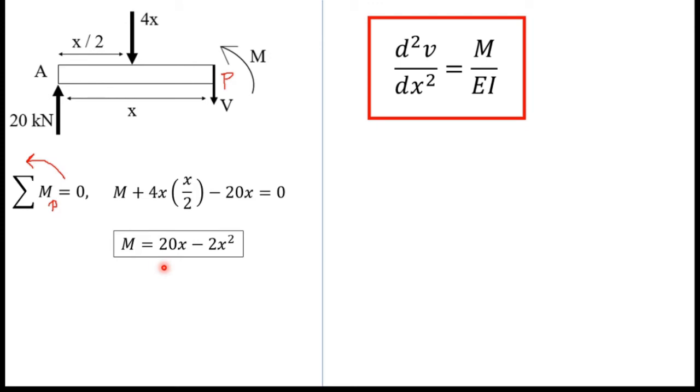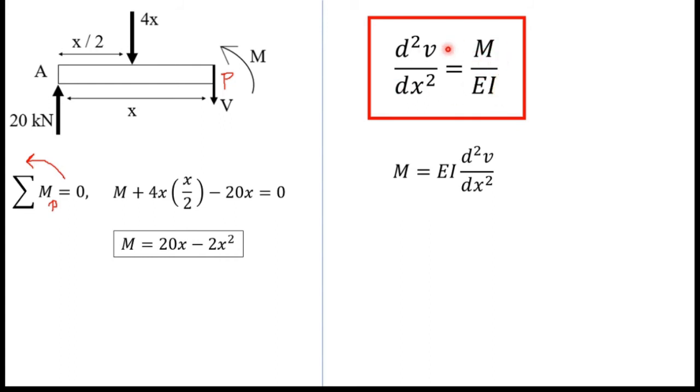Now I will apply the method of double integration. You have to memorize this important equation: d to the power 2 v over dx to the power 2 equals M over EI. From this equation I will take the expression for M, the moment.